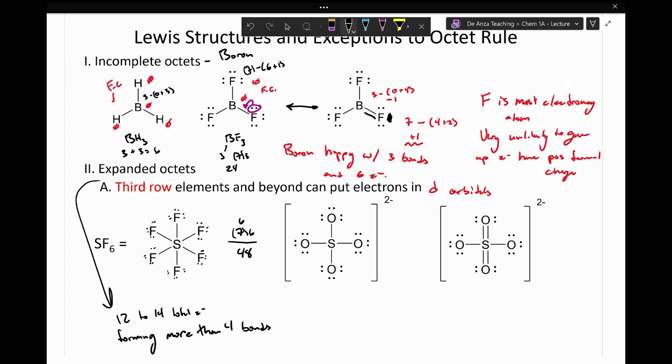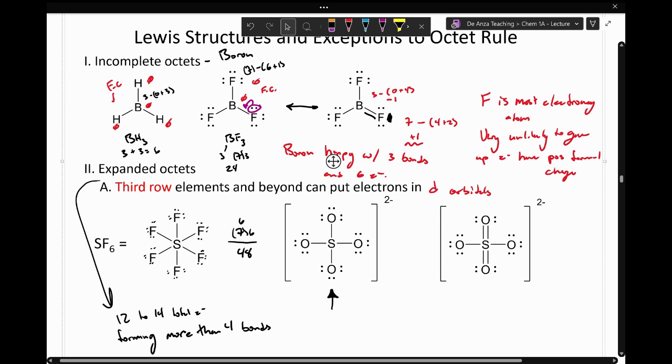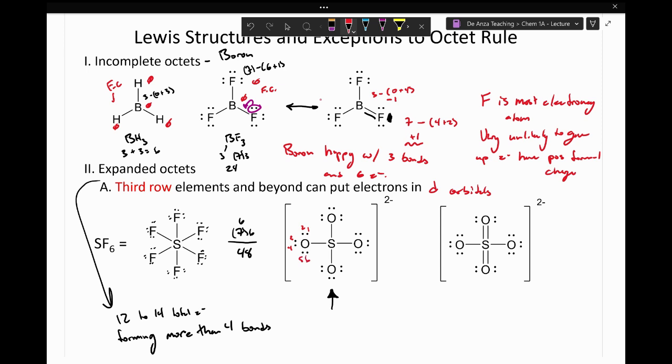We drew this Lewis structure right here when we were looking at examples for drawing Lewis structures. But if we look at this structure and look at formal charge specifically on each of our atoms, we can see that each of these oxygens owns 1, 2, 3, 4, 5, 6, 7 electrons.